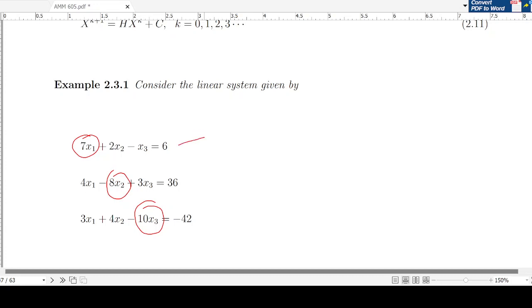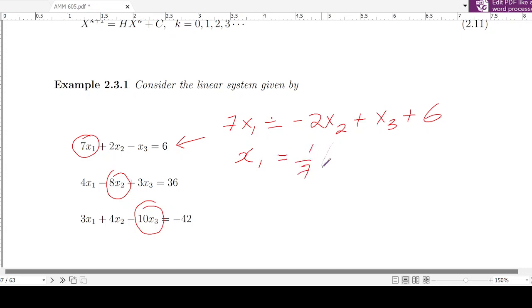So from the first equation, we can write 7x1 = -2x2 + x3 + 6. From here, we can make x1 the subject, so we get x1 = (1/7)(-2x2 + x3 + 6).